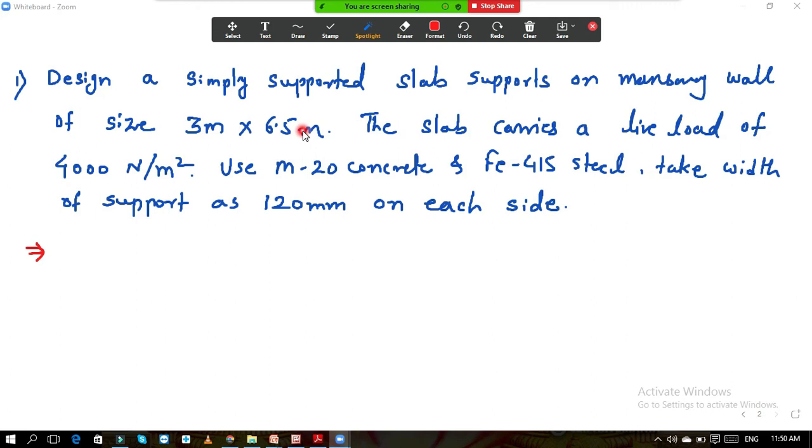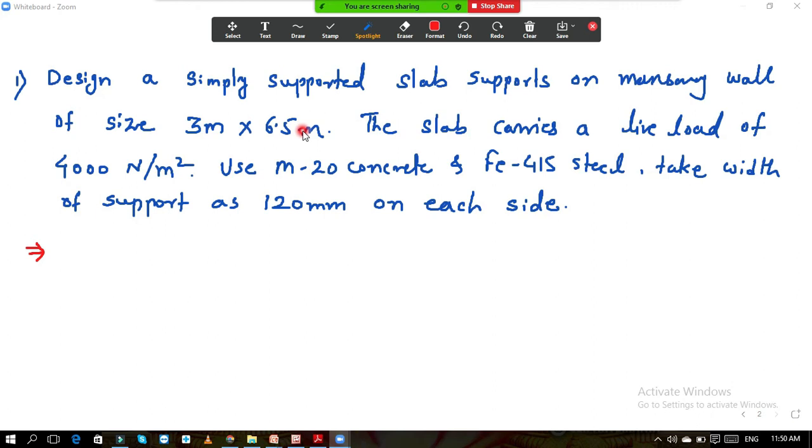The slab carries a live load of 4000 Newton per meter square. Now slab is there. So slab carries two types of load. First is dead load, second is live load. Dead load is weight of the slab and floor finish weight. And live load is the human load, means persons are walking on that slab and those types of things.